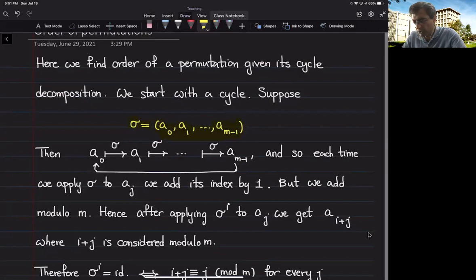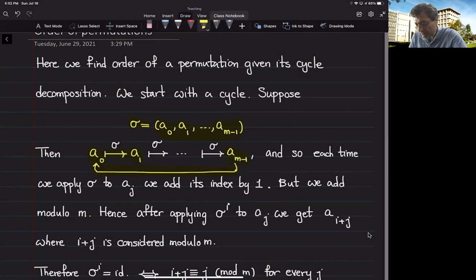So I'm going to use addition modulo m in order to understand how sigma acts on these a sub i's.